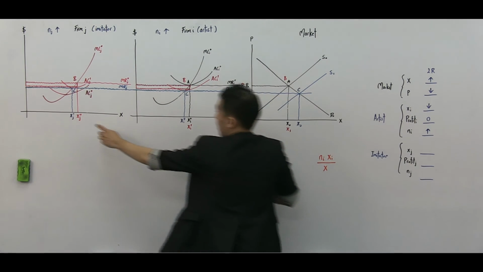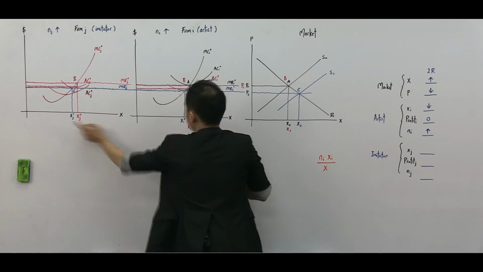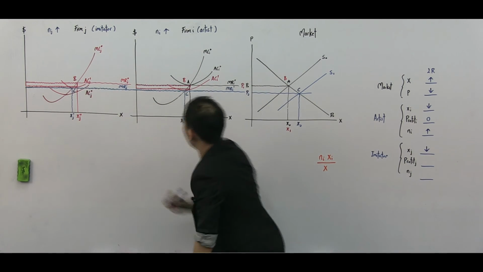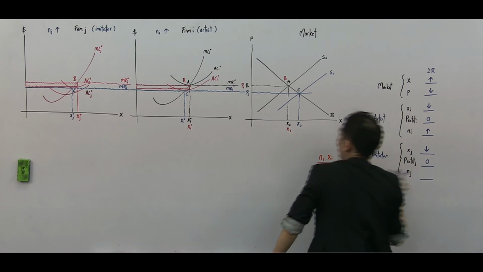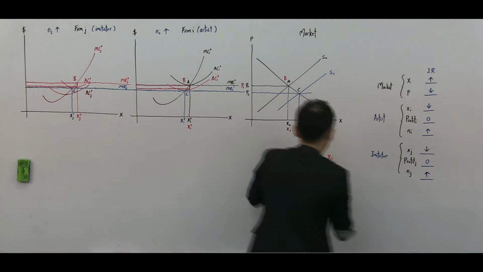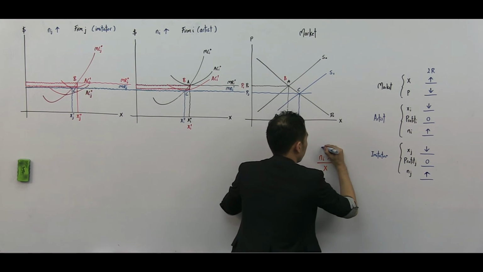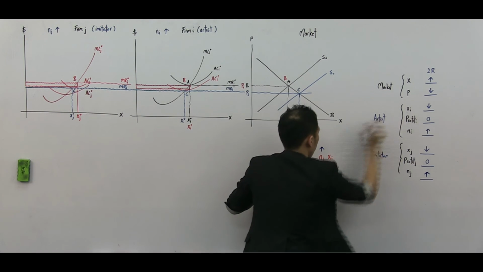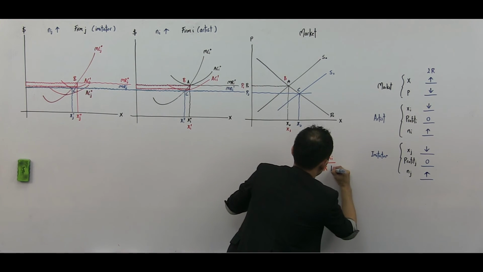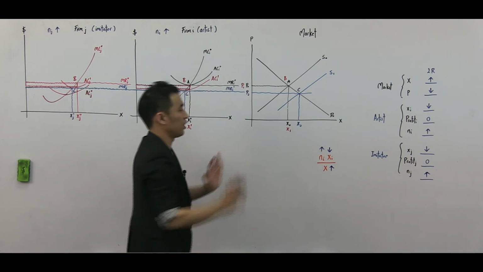XJ, XJ0 to XJ1, down. Profit at point C, 0. Number of firms, NJ, increase. Last one, NI increase, XI down, X increase. Take note of this first.